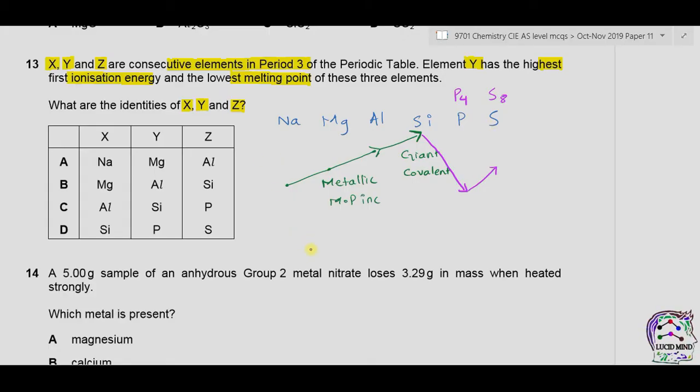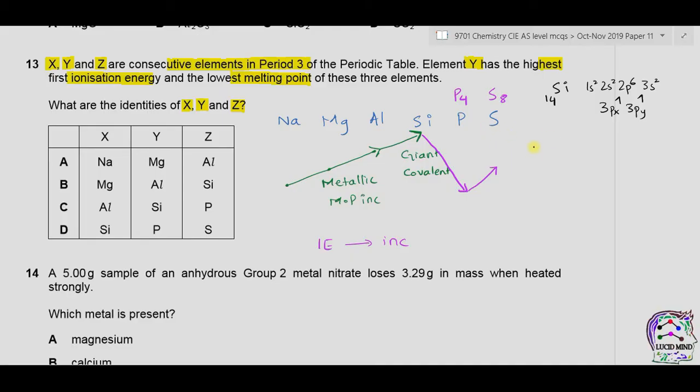Now in general, ionization energy increases across the period. This is because the atomic number increases and also the electrostatic forces increase. The atomic number of silicon is 14, so we can write the electronic configuration 1s2, 2s2, 2p6, 3s2, 3px, 3py, and each has one electron.